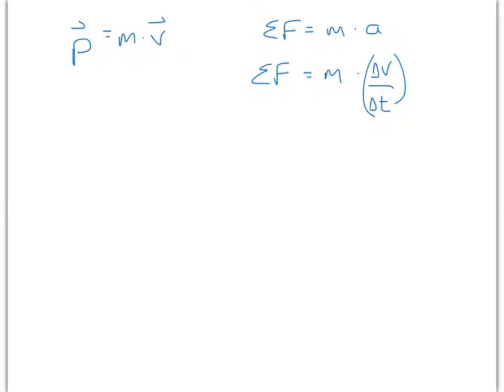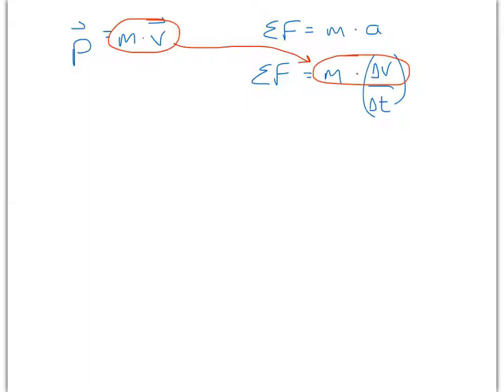Well, look at this right here. I'll change to a different color. mv and mv, the only difference right here is that the velocity is changing. Well, you can have a changing momentum as well. So what we can really say is that the net force on something is a changing momentum over change in time.